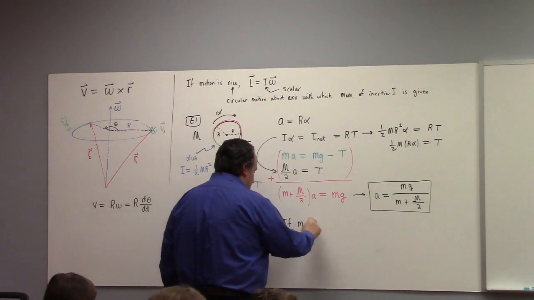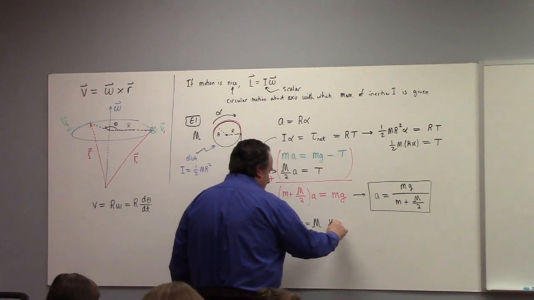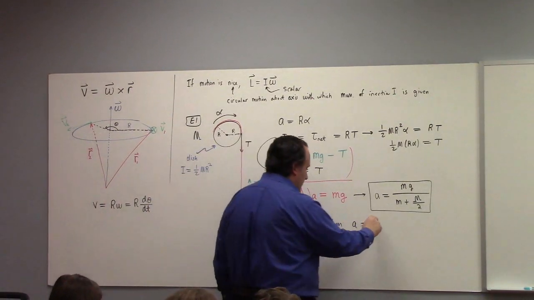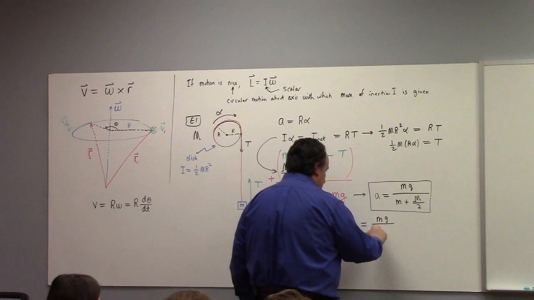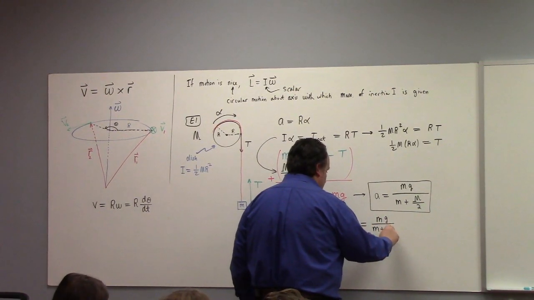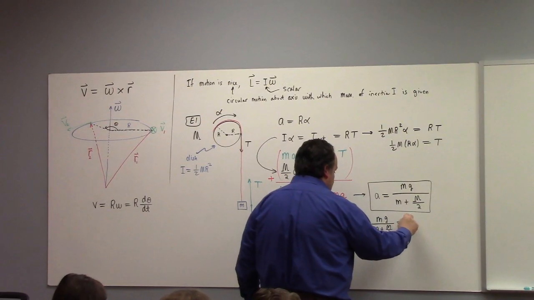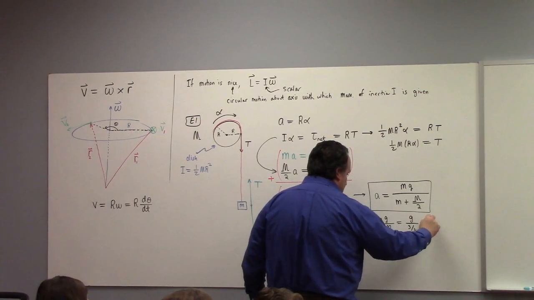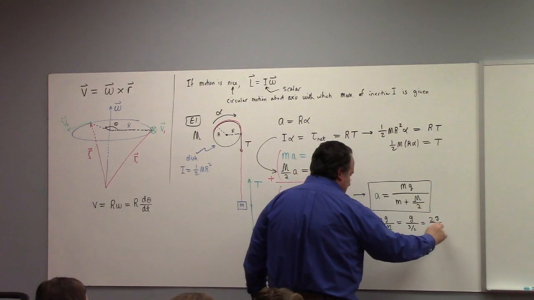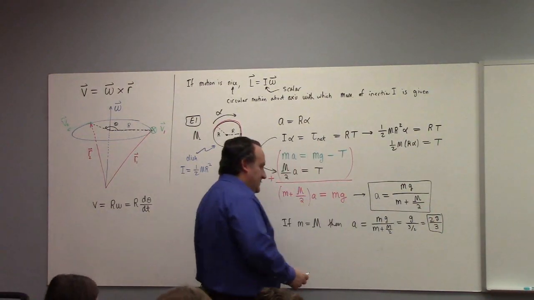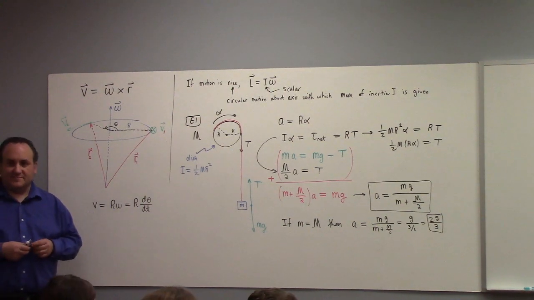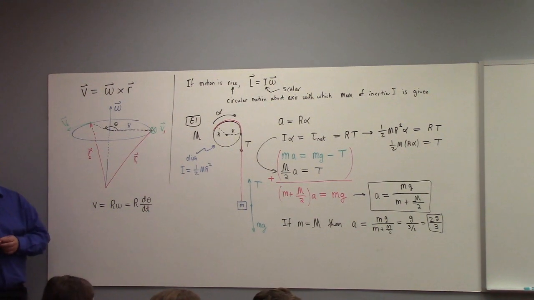If little m is equal to big M, then the acceleration is mg over m plus m over 2, also known as g over 3/2. So the answer is 2g over 3. I like this much better. Yes, the acceleration should be less than gravity, not more. I feel much better. Do you guys feel better? Yeah.